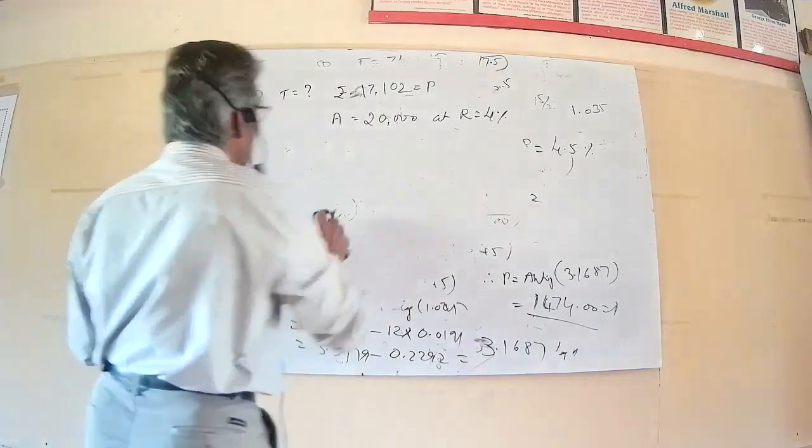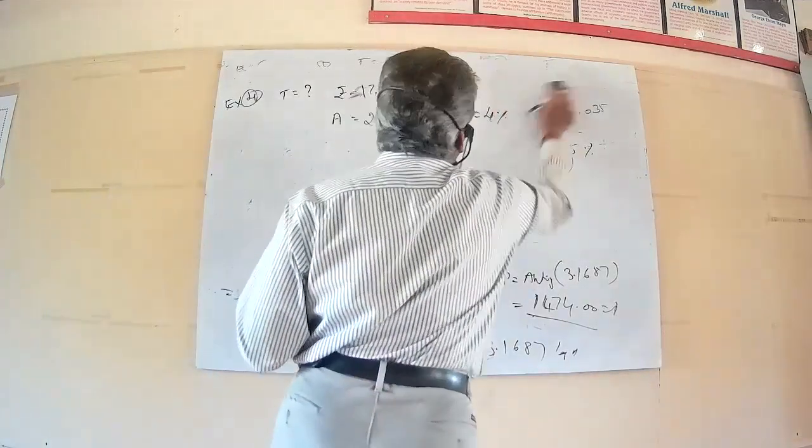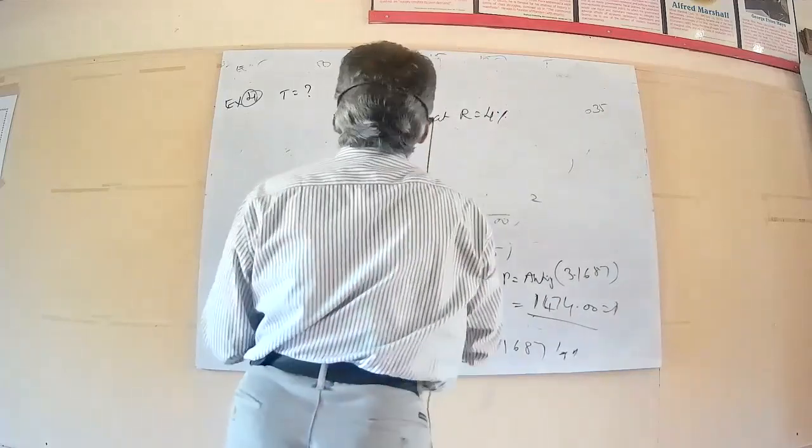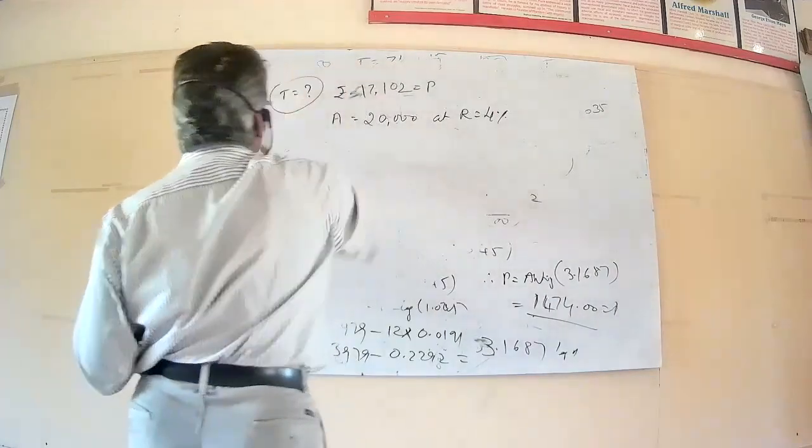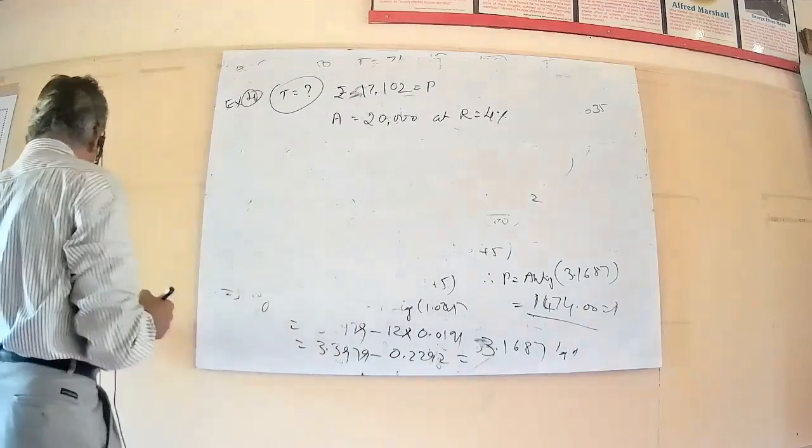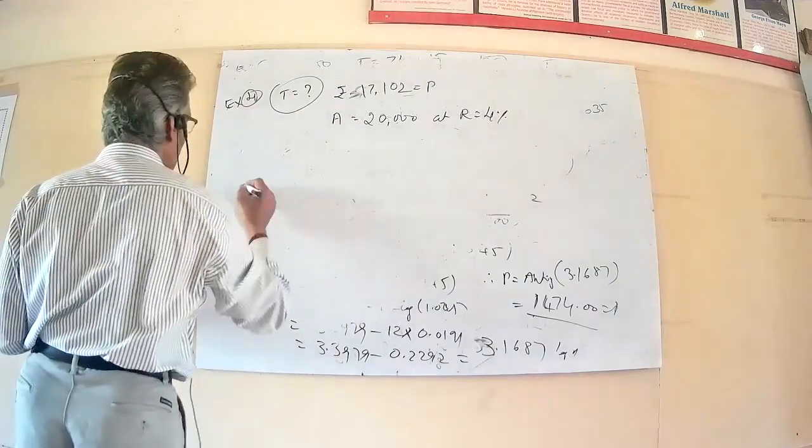You have to find out the period first. T should be determined. So homework, I will give the answer, it equals 4.